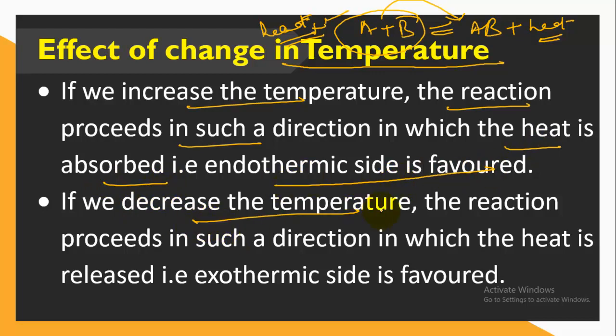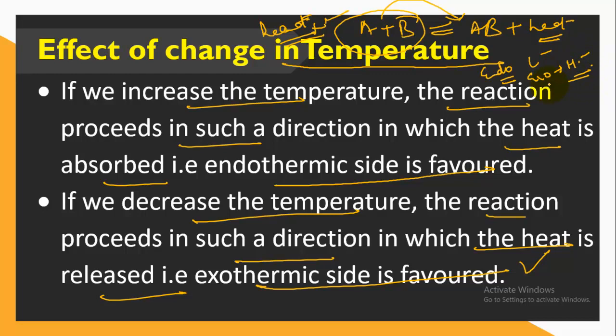But if we decrease the temperature, then the reaction proceeds in a direction in which heat is released, that is, the exothermic side is favored. So endothermic reactions are favored at high temperature, and exothermic reactions are favored at low temperature.